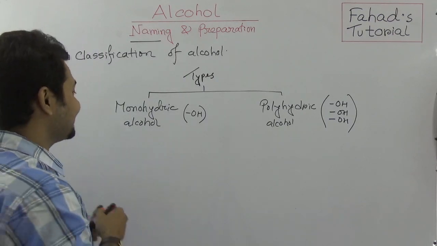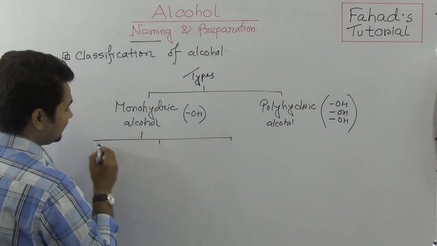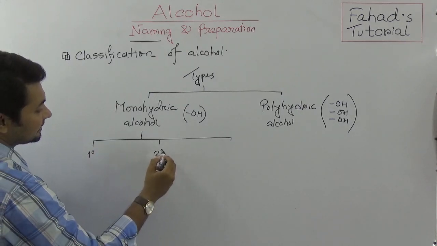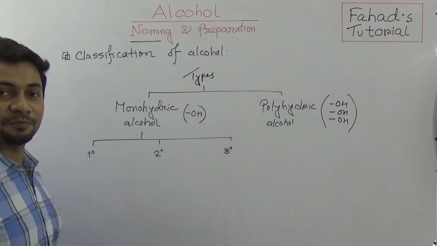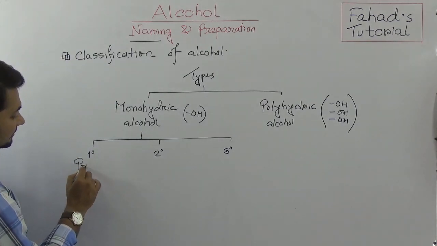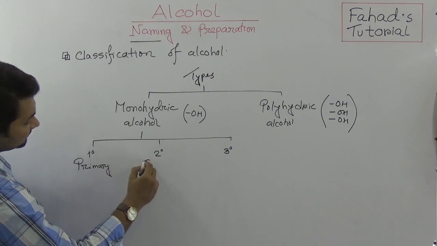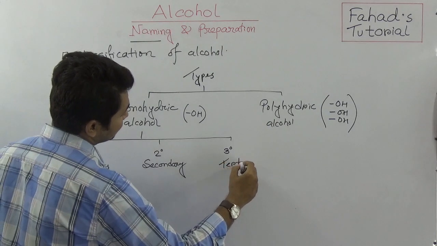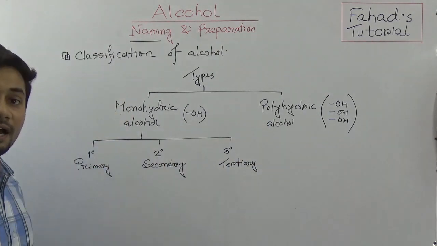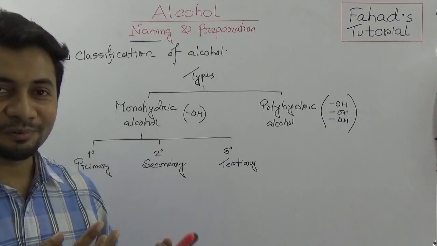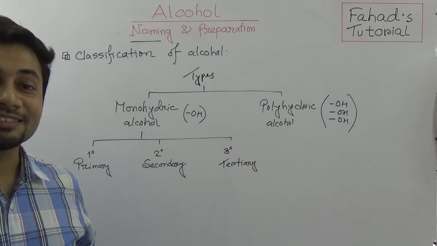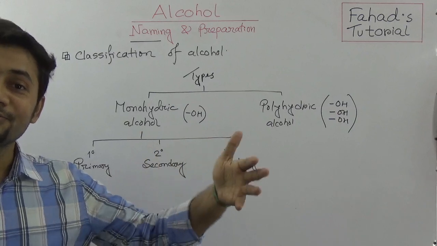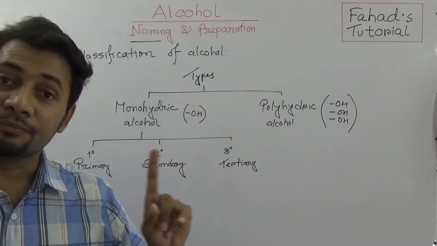But the interesting factor is that it is again of 3 types: 1 degree alcohol, 2 degree alcohol and 3 degree alcohol, or you can say primary alcohol, secondary alcohol, and tertiary alcohol. How can we memorize it? It's not about memorizing. A lot of practice is needed, but we can see it and find whether it is 1 degree, 2 degree or 3 degree alcohol, but all are monohydric alcohol.